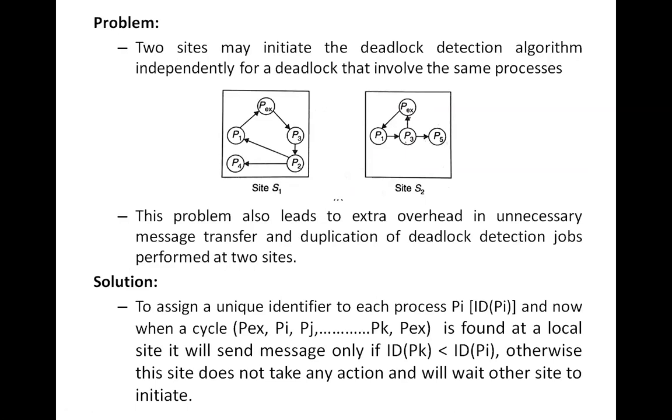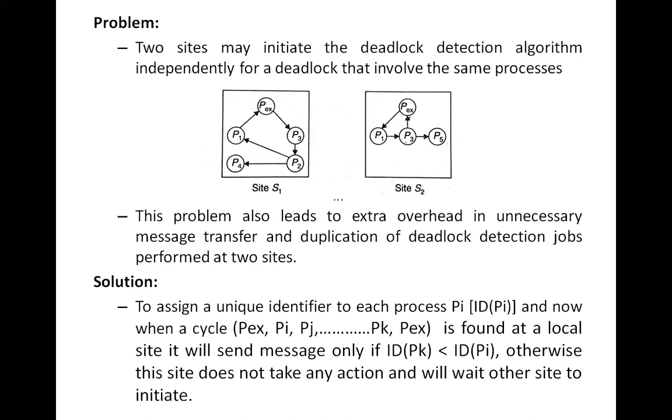Now, this algorithm has a certain problem. The problem associated with this algorithm is very simple: it may be possible that two sites initiate the deadlock detection algorithm independently for a deadlock that involves the same process.